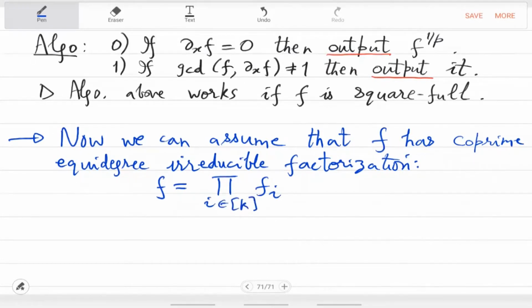Sorry? The whole f was exactly g. See, if it was h square, when you take GCD of h square with x to the q to the i minus x, you will get out h.